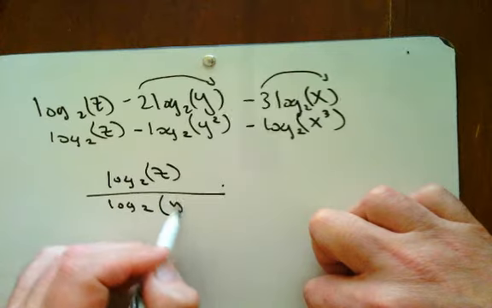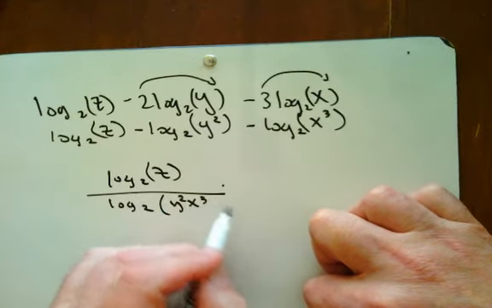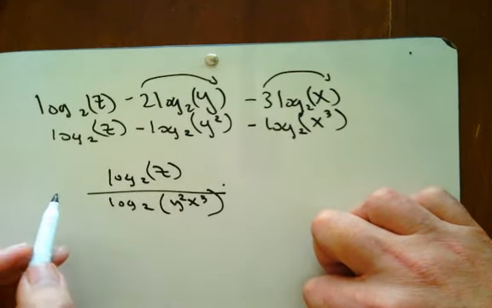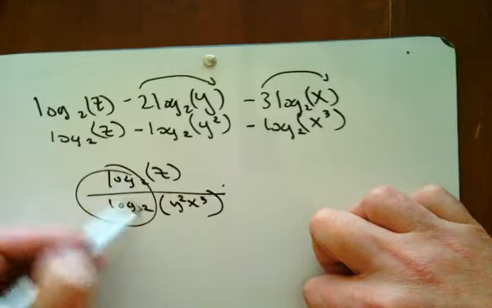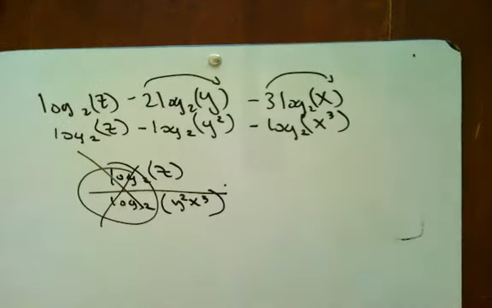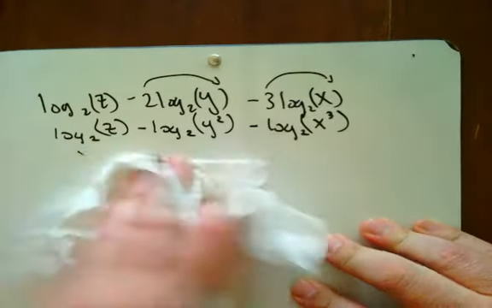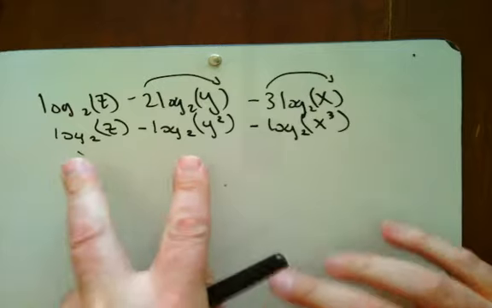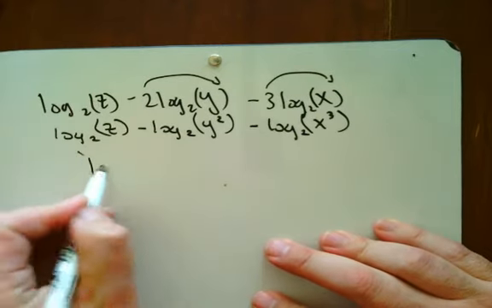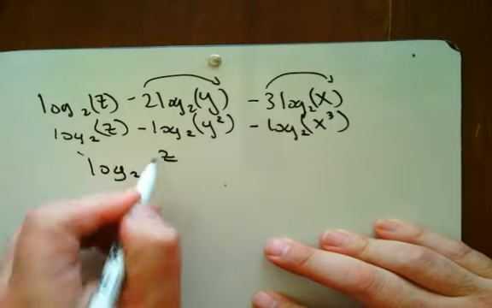Okay, so power property in reverse, and we have log base 2 of z minus log base 2 of y squared minus log base 2 of x to the third. Anything with a minus is going to go in the denominator.